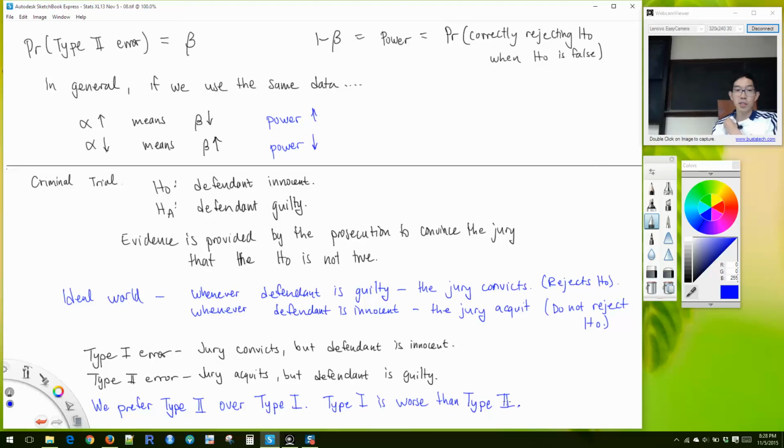So in this scenario, do we want to use a large alpha or small alpha? We want a small alpha, to minimize the chance of type 1 error. And they say this in court, right? They don't say use a small alpha, but what do they tell the jury?